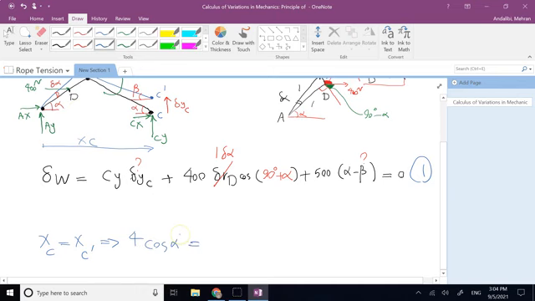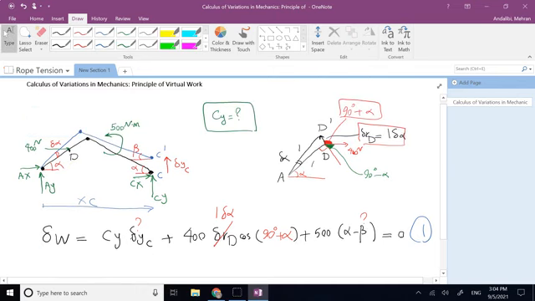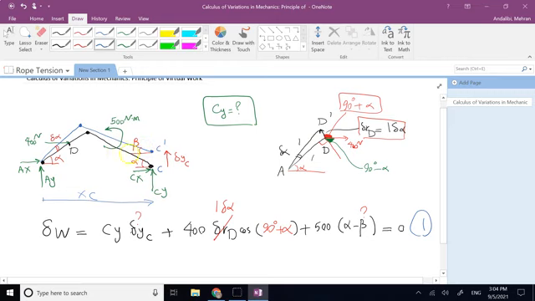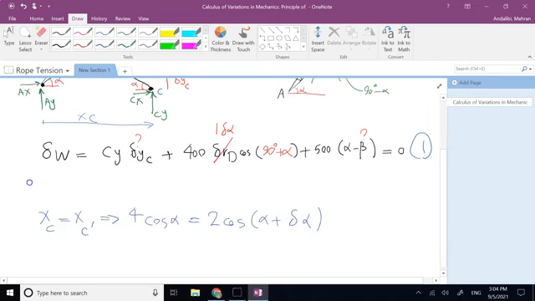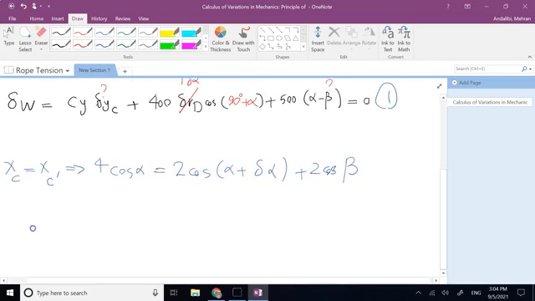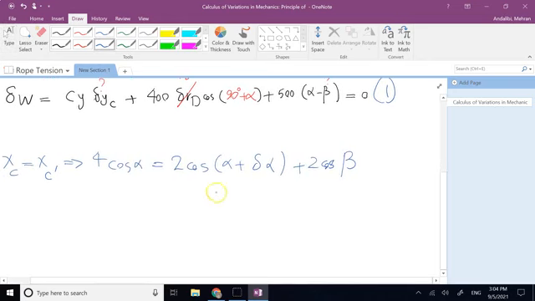Now, in the case of the new configuration, it is going to be 2 times cosine of the total angle, which is alpha plus delta alpha, and plus 2 times what? The cosine of beta. So can I find beta from here? Well, yes, I can.